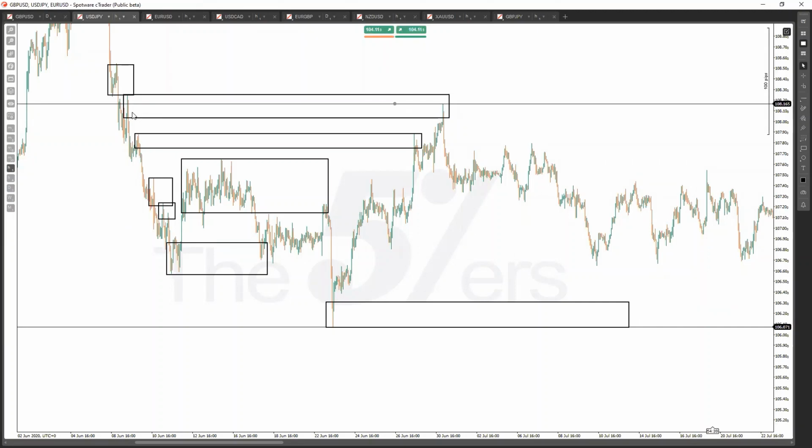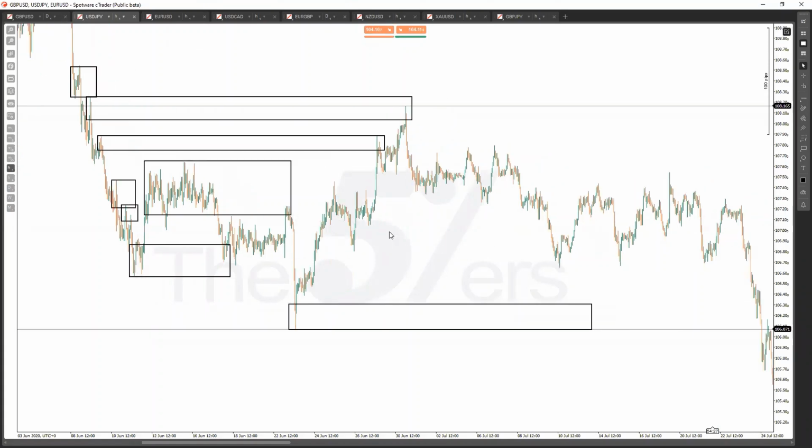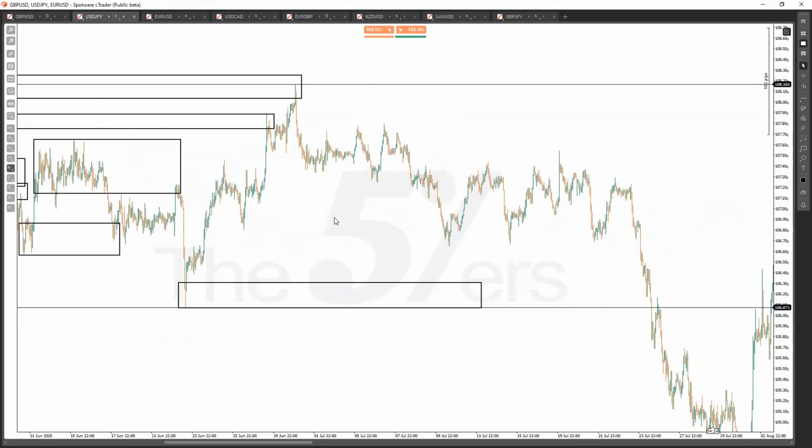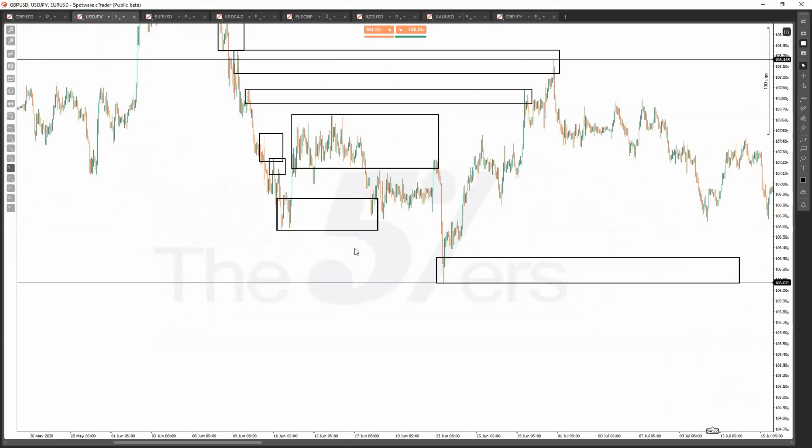This is the routine practice that will help you truly understand price in the naked form of supply and demand.